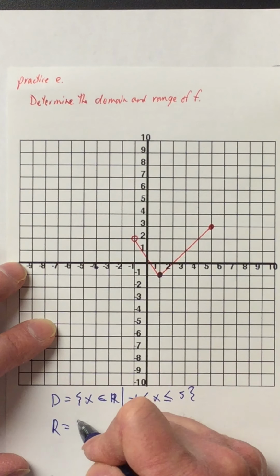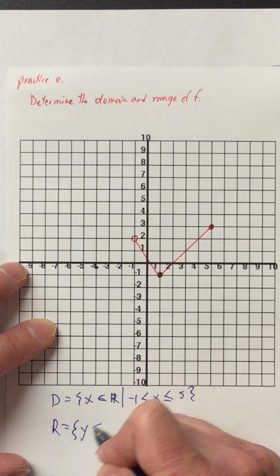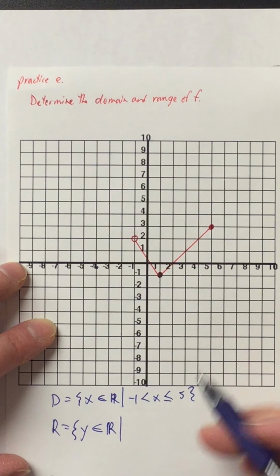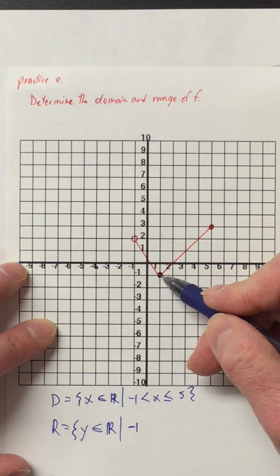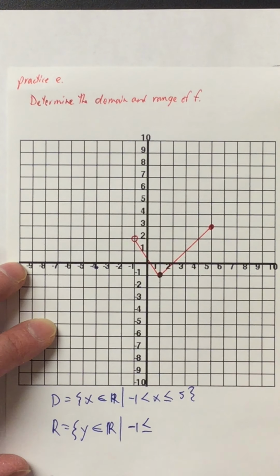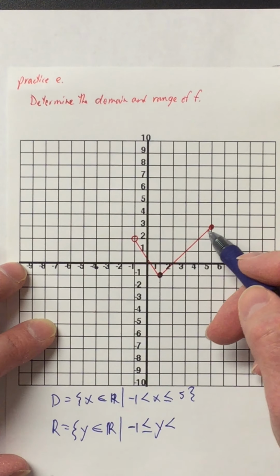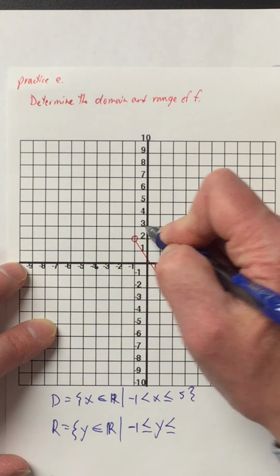Our range is equal to y, is the element, once again, of all reals, because solid lines. And then we'll start at the bottom, and once again, it's negative 1. And as we go up, it's anything larger than or equal to, y is in the middle, and then, very similar, larger than or equal to, the highest we go on this line is actually the 3.